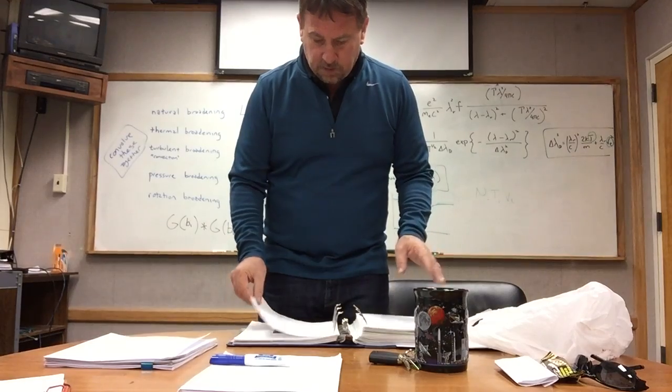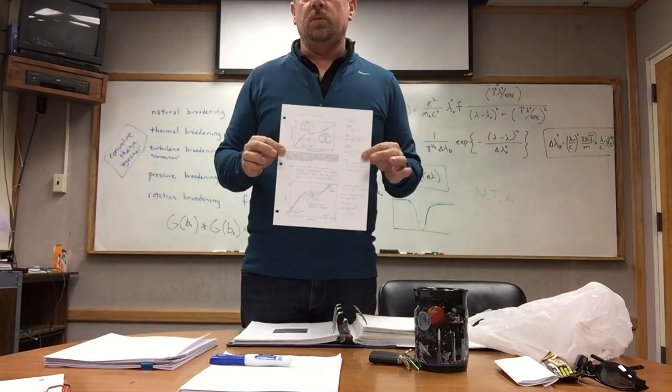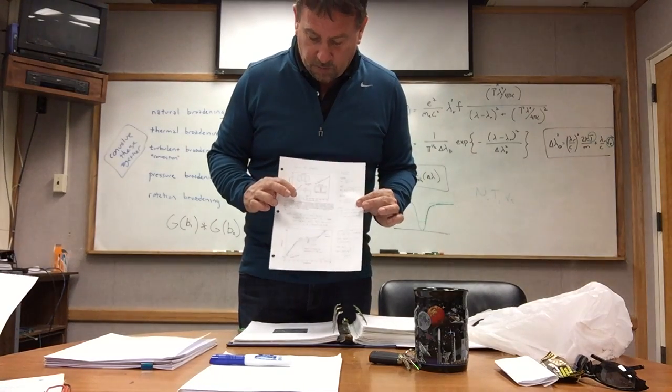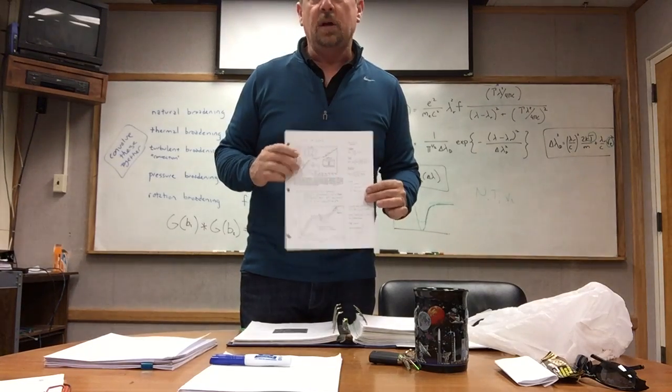All right. And we've talked earlier in the class about the curve of growth, how the column density and the B parameter affect the equivalent width that you get out. So I'm not going to review that.